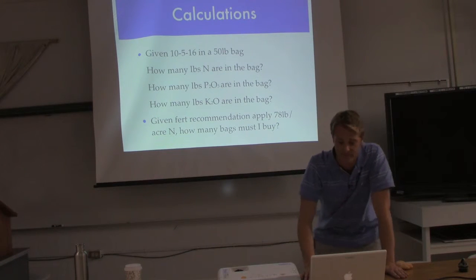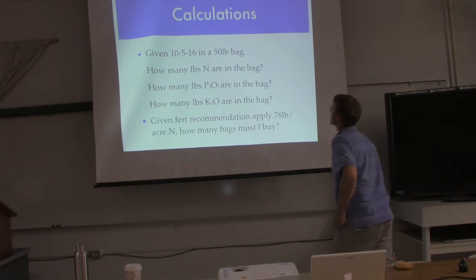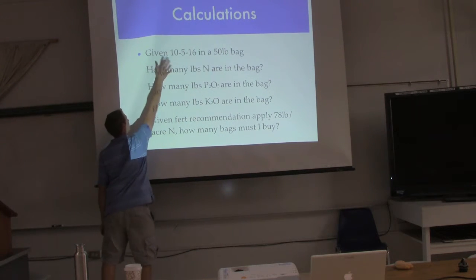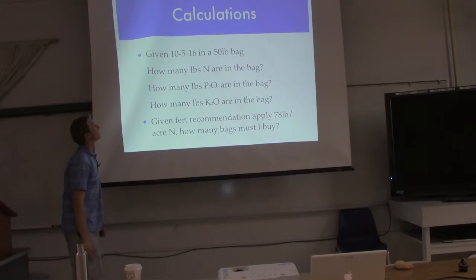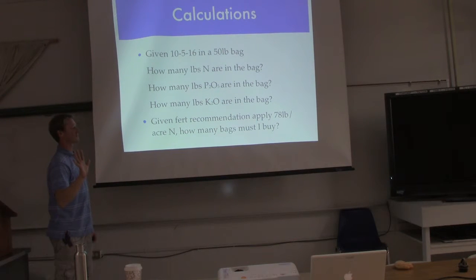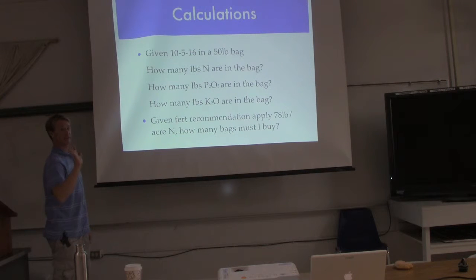I know that I'm putting out how many pounds of N per acre when I put this out? 5 pounds per acre. I will meet a requirement of 5 pounds per acre by adding this out into the field. Just do the math.